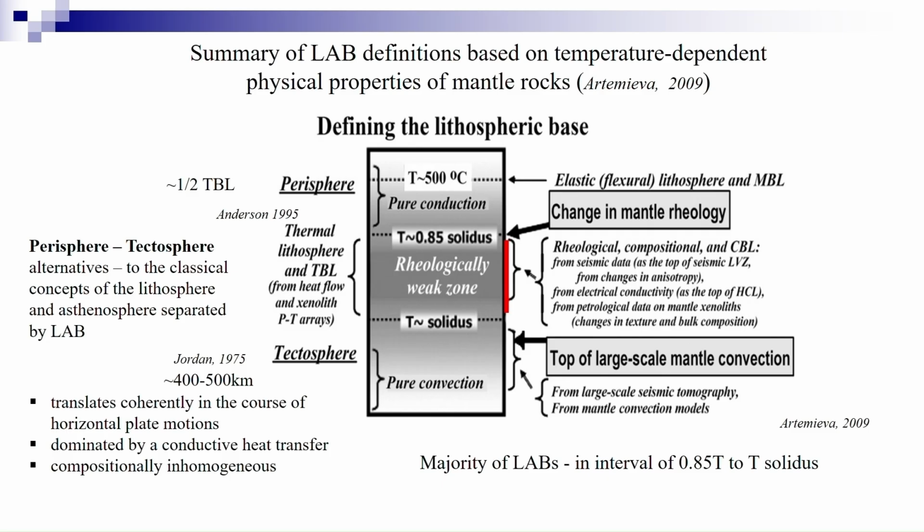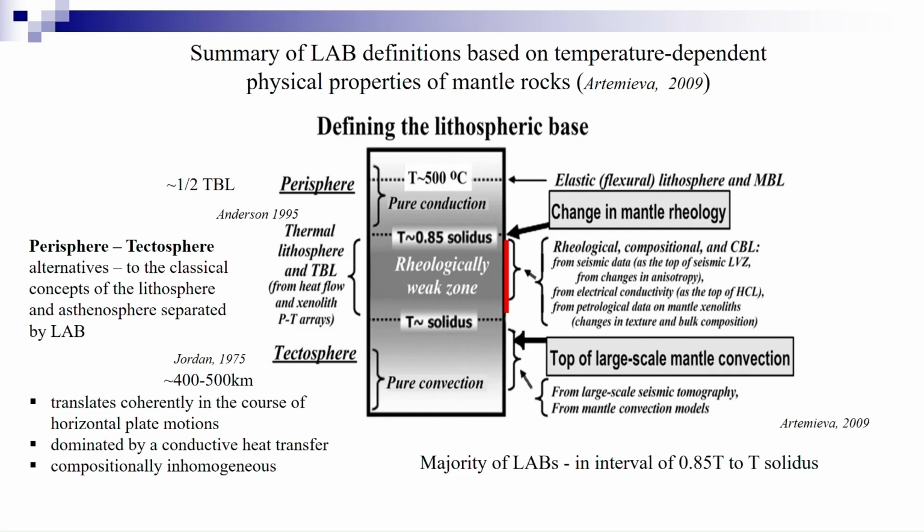These are namely models defining the LAB as a rheological, compositional, and chemical transition, specifically from seismic data as the top of the low-velocity zone or changes in anisotropy, from electrical conductivity as the top of a layer of increased conductivity, or from petrological data as changes in texture and bulk composition in mantle xenoliths.